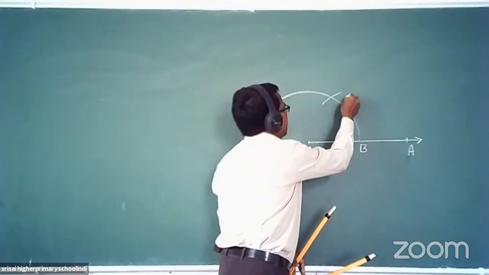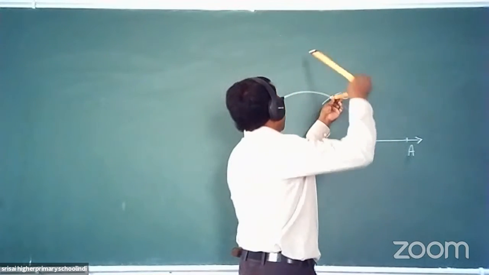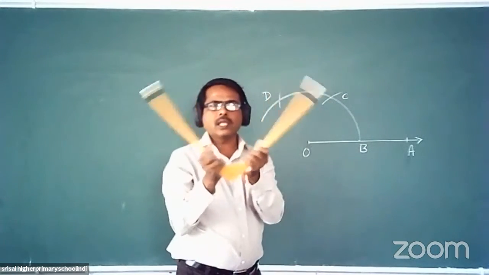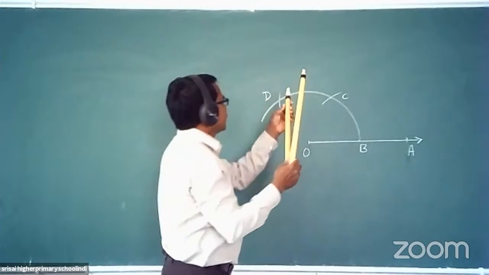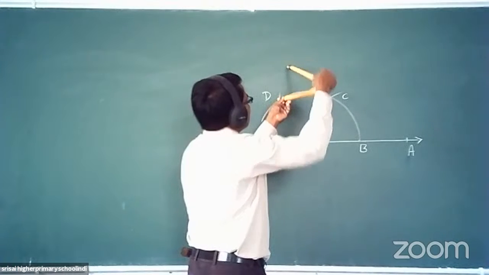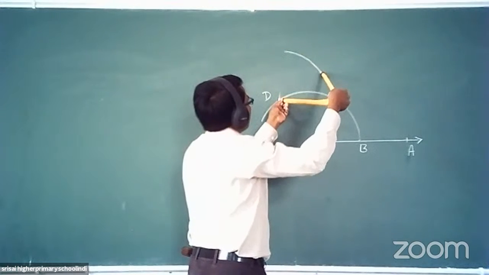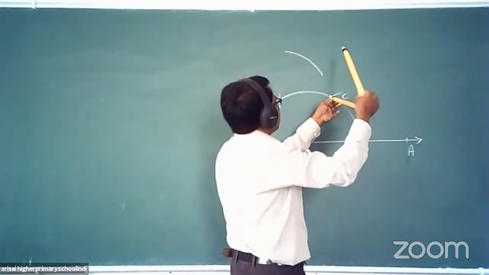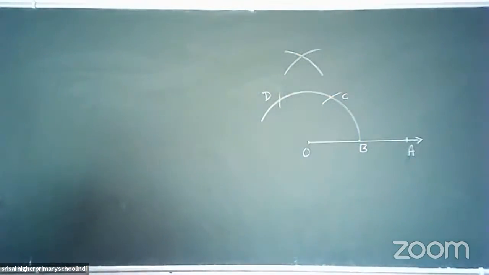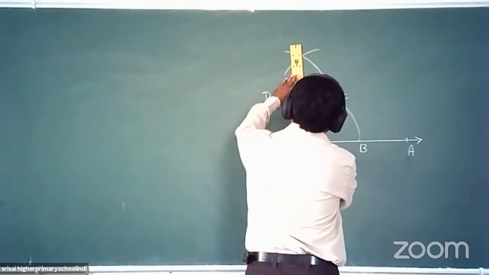Let this point be C. Keep the fixed arm of the compass on C, cut the previous arc. Let this point be D. Now you can increase or decrease its length, no problem. The only thing is it should be more than half of this arc. So keep on D, draw an arc. Keep the fixed arm of the compass on C, draw another arc. Now join this point.